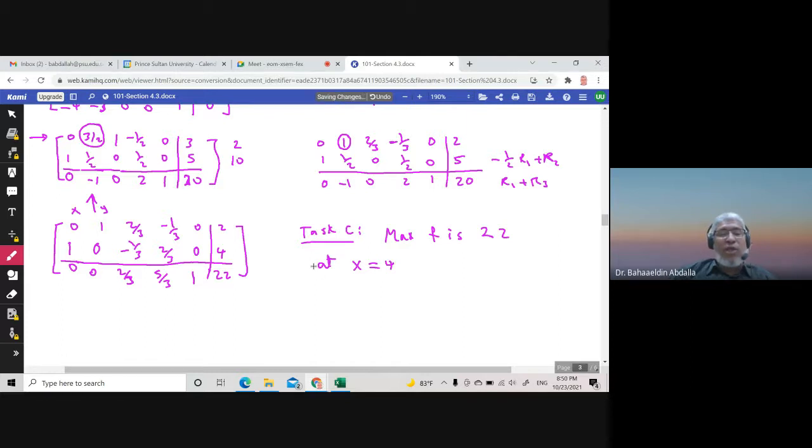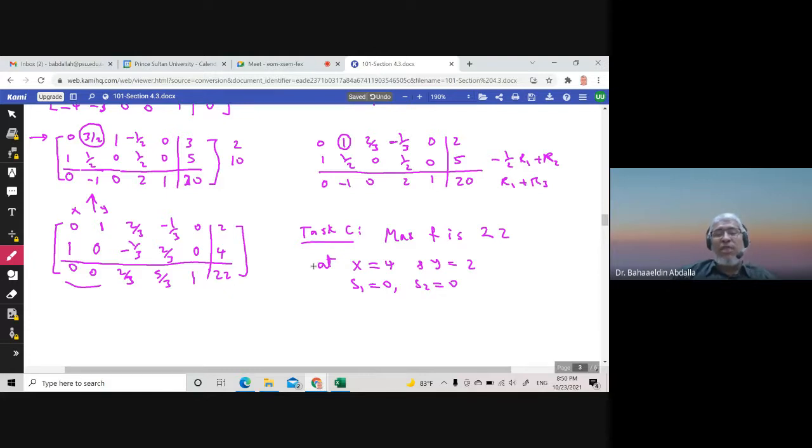And y, this is y, the one here, equals 2. And these are the two basic variables. And S1 and S2 are non-basic variables. So we set them to 0.